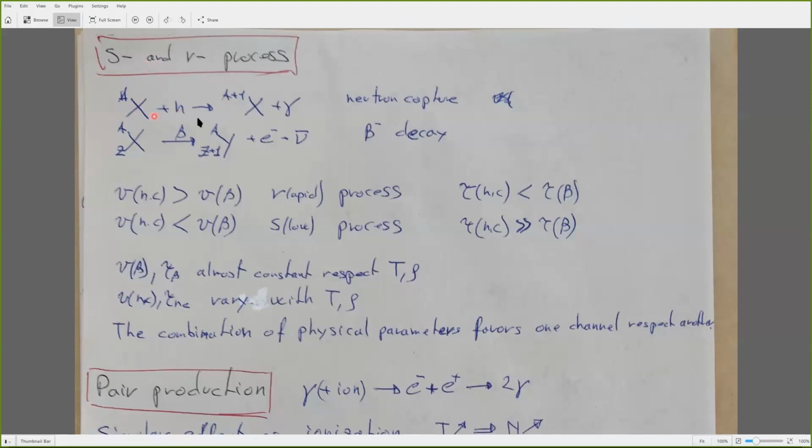Now it's okay. You have neutron capture, when a nucleus captures a neutron and goes to a higher mass number.